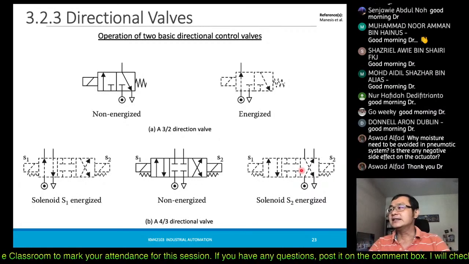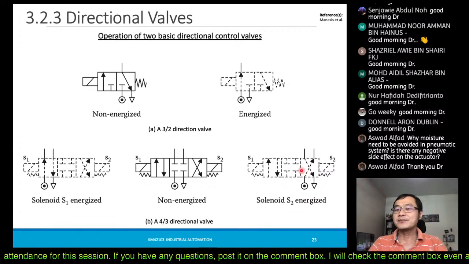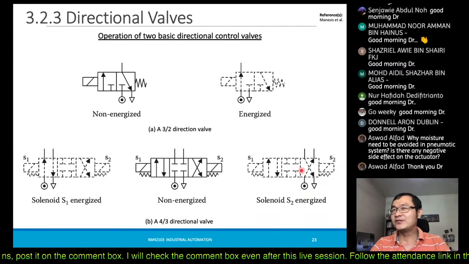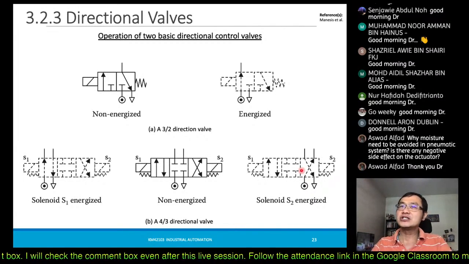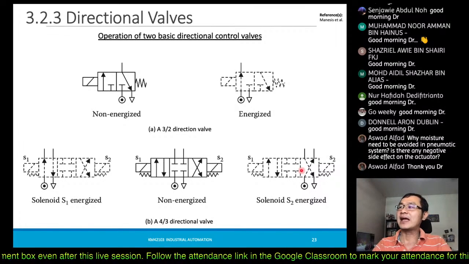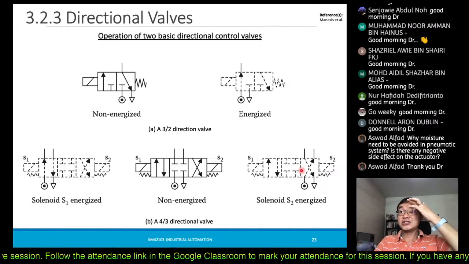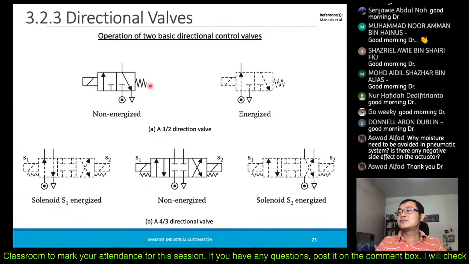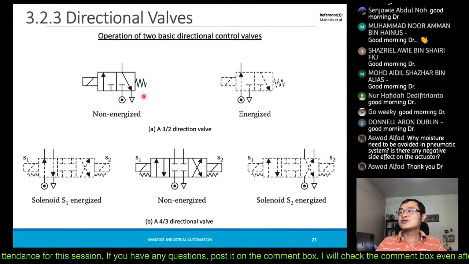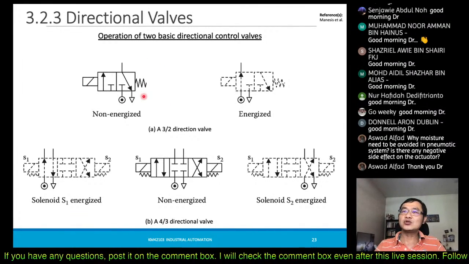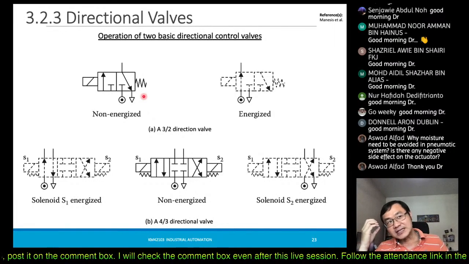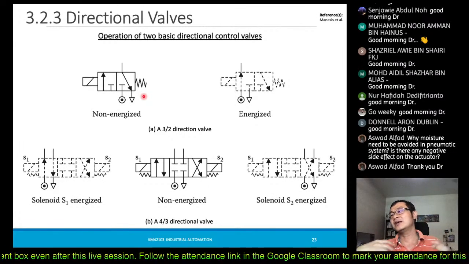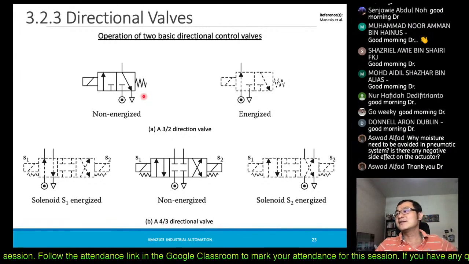Now after that, based on that concept, we would be able to further interpret the operations of this pneumatic diagram, okay, by the operations of the directional valve. This kind of symbol is very useful so that we don't need to draw the whole device of the valve itself, okay. It's much easier to read, right?